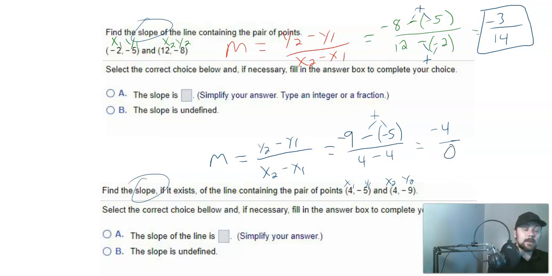And some students will say, okay, so my answer is 0, and that's not correct. So it kind of depends, right? If in your calculation of slope, you get 0 somewhere, there definitely is something significant about that. If 0 is in the denominator, then this is undefined.